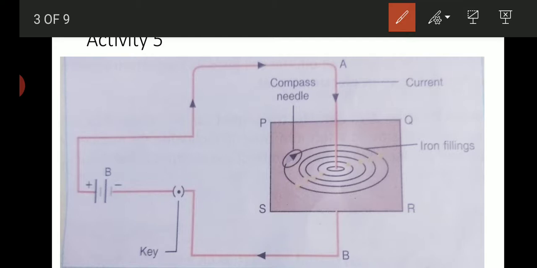You need iron filings, which are small, tiny pieces of iron, and sprinkle them on the cardboard. Switch on the circuit. When the circuit is complete, the current starts flowing in the wire, and you have to gently tap the cardboard. We will observe that the iron filings get rearranged in concentric rings, or concentric circles.